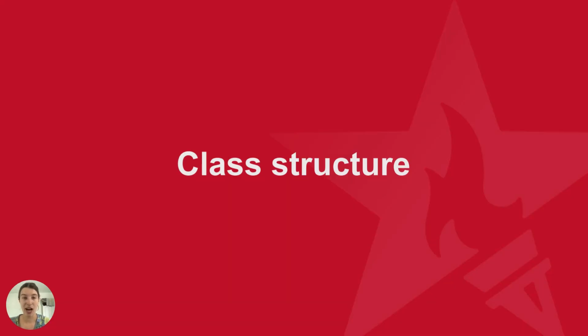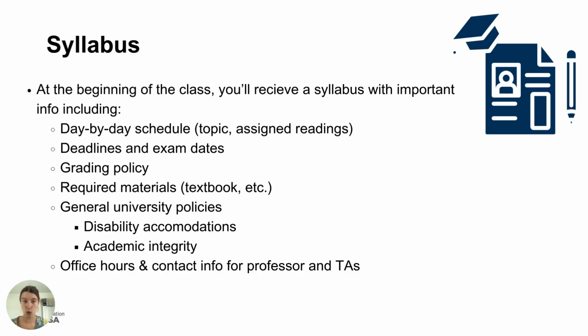Class structure. On day one of the class, or even beforehand on your student website, I have Canvas. I don't know what you guys will have, but you'll receive a syllabus for each class, which will include important information like the day by day schedule, what you'll be talking about each day, as well as what you should do to prepare for each class, assigned readings, assignments, whatever it may be.